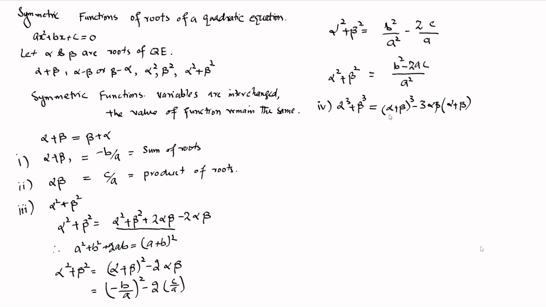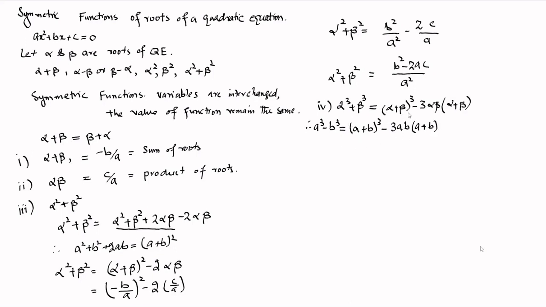How have we written this? Because we know that a cube plus b cube is equal to a plus b whole cube minus 3ab into a plus b.